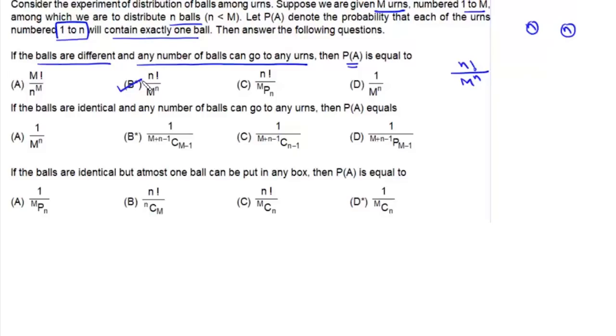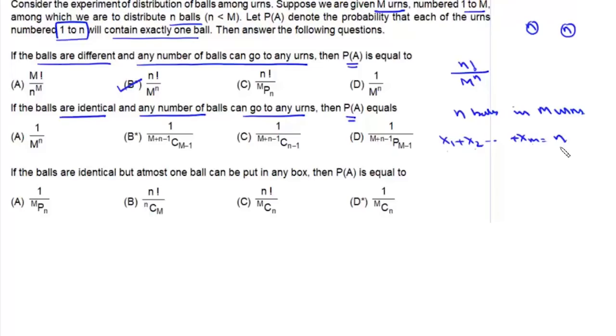Now the second one is, if the balls are identical and any number of balls can go to any urn, then what is P(A)? First we have to distribute these n balls in m distinct urns. Now x1 plus x2 plus ... plus xm must be equal to n, where x1 is the number of balls in the first urn, x2 is the number of balls in the second urn, and xm is the number of balls in the mth urn.